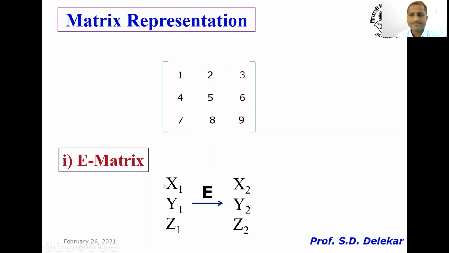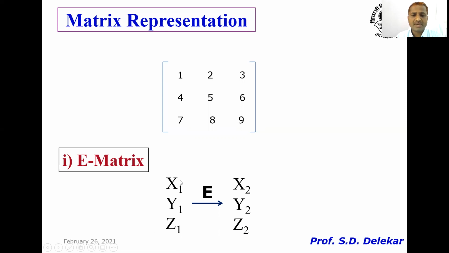Let us start with x1, y1, z1. These are the Cartesian coordinates for the original orientation of the polygon, that is, the Cartesian coordinates before operation. And when you operate E, we get the new orientation having Cartesian coordinates x2, y2, z2.